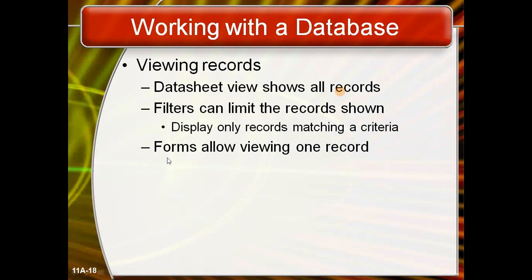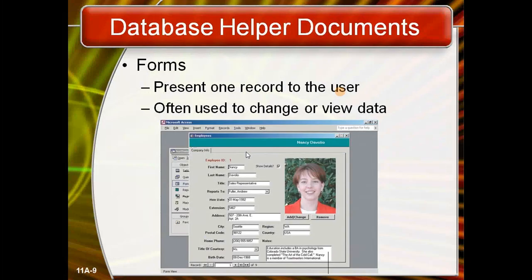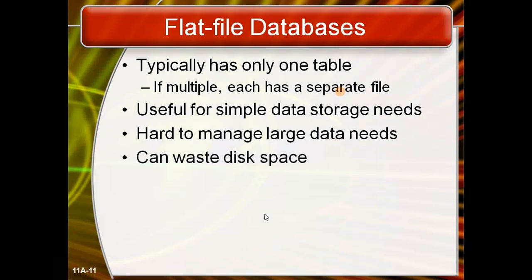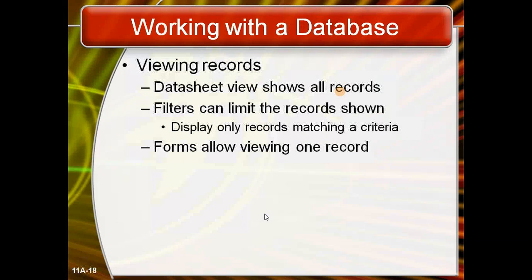You can view the data in a form view. A form, like this one, is showing only the data of one employee. So these are different ways in which you are only watching the data. Now, viewing records. Any question? No. Okay.